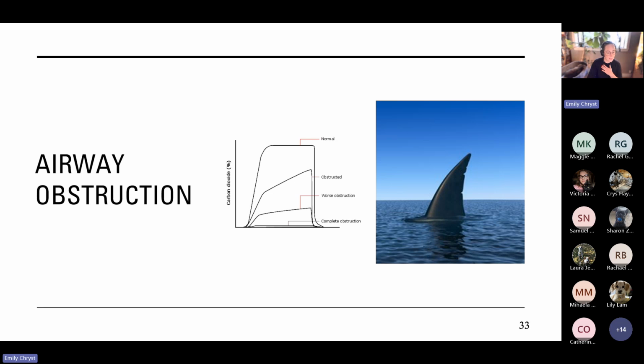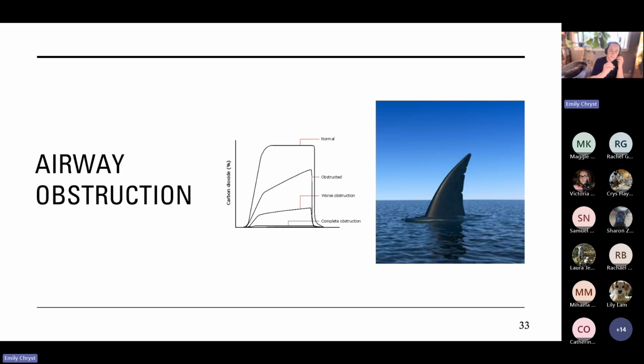Basically, what we're looking at here is the waveform of a normal capnograph. We've got that nice plateau here, really sharp drops or rises on the inhalation and exhalation side of the waveform. Now, when there's an airway obstruction, either in the endotracheal tube or in the airways themselves, what we're going to see is that exhalation on that patient is meeting resistance, right?